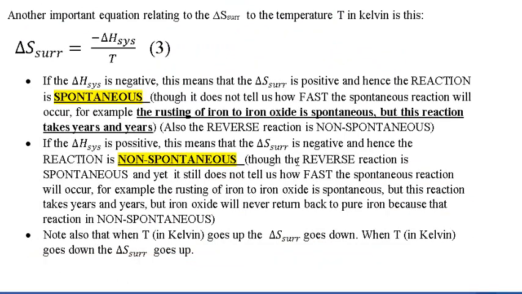Here we have a paragraph relating the delta S of the surroundings to the enthalpy of the system. So remember, if your delta H is negative, that is an exothermic reaction. But this fraction becomes positive. So your delta S of the surroundings actually becomes positive.